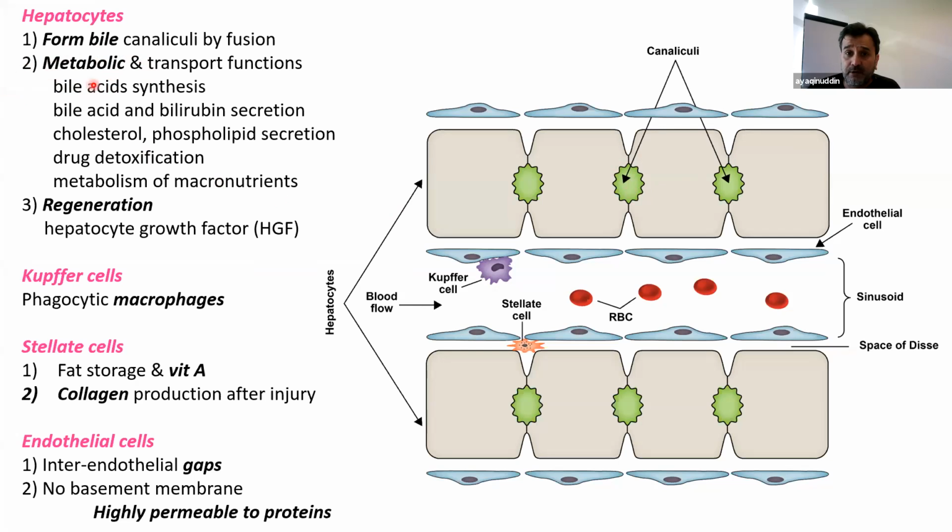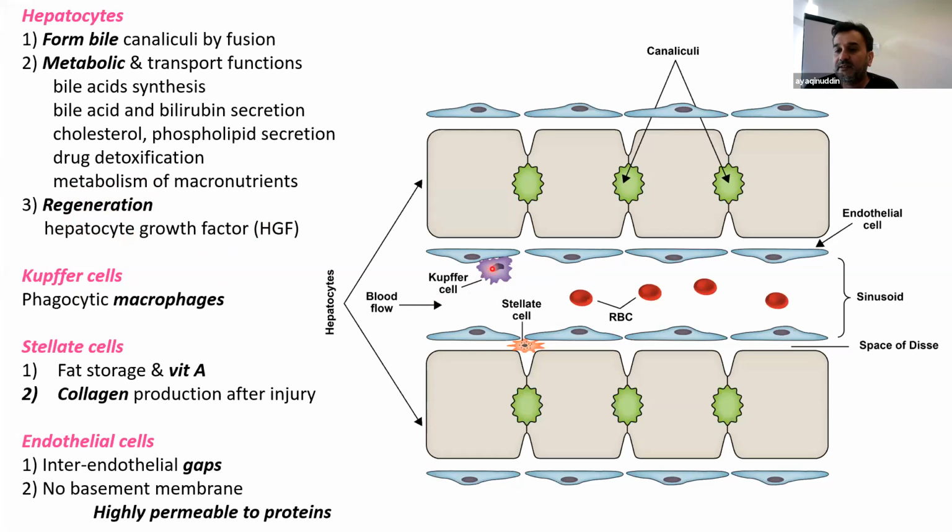Hepatocytes have metabolic functions in terms of bile acid synthesis, bilirubin secretion, cholesterol and phospholipid secretion, drug detoxification, and metabolism of macronutrients. Regeneration also, because they secrete hepatocyte growth factor, so they are involved in regeneration.